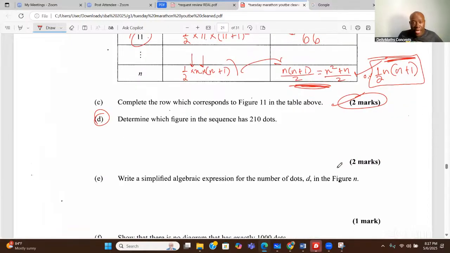So I'm saying the number of dots, half n times n plus 1, gives 210. We know that the dots are represented by half n, open bracket, n plus 1. Then we want to solve this. Solve it ordinarily, so you multiply both sides by 2. The 2 cancels itself.